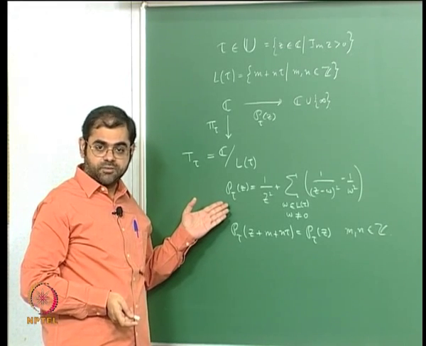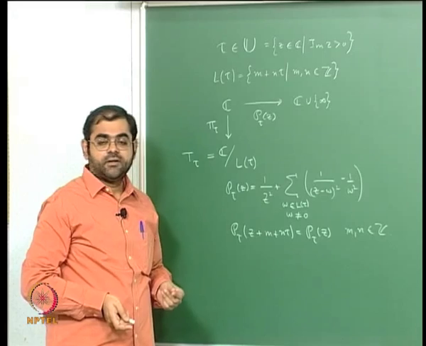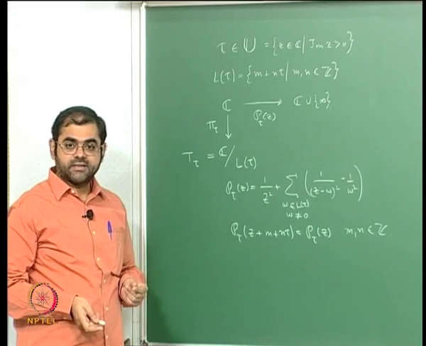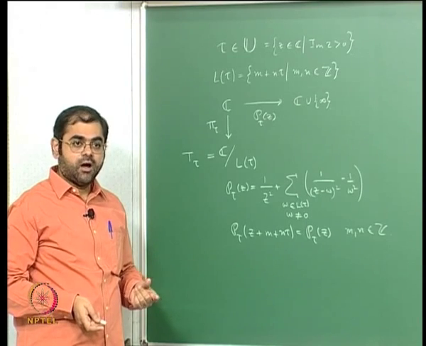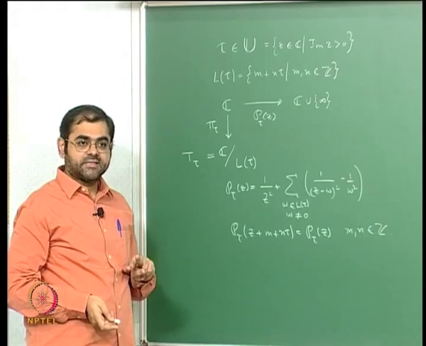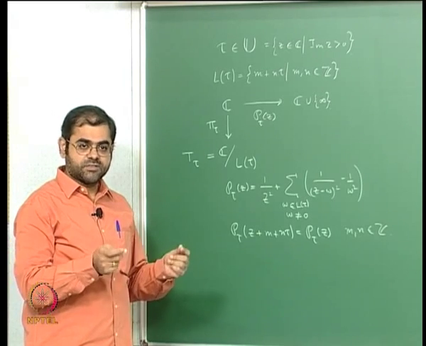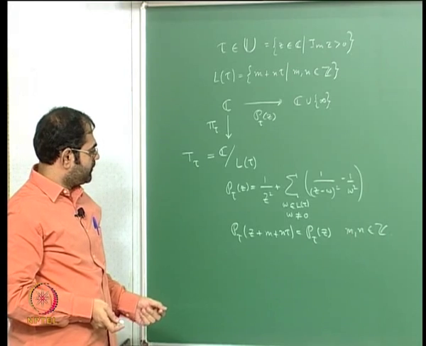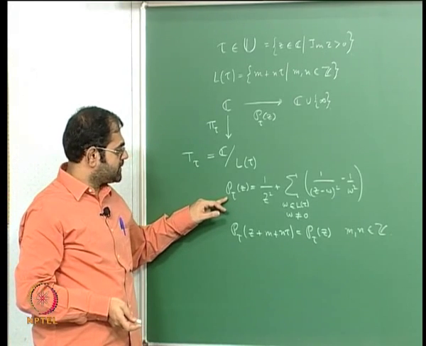So you had to have either a pole of order 2 at each lattice point with sum of residues 0, or two poles with cancelling residues, so that the sum of residues is always 0. So finally we got this Weierstrass function.